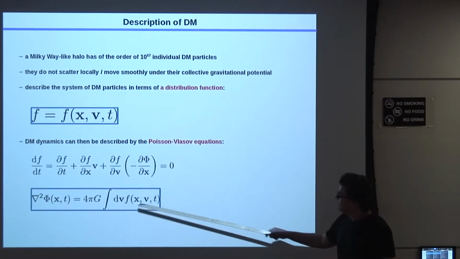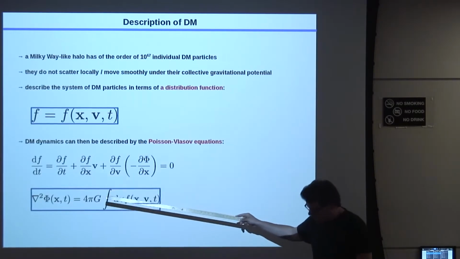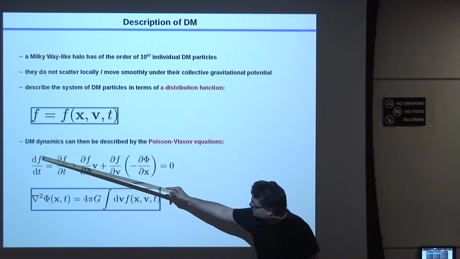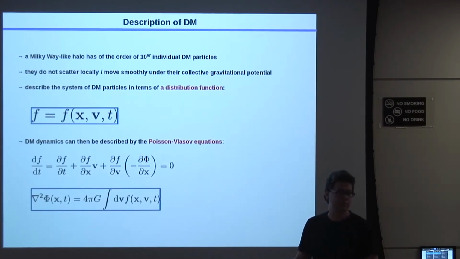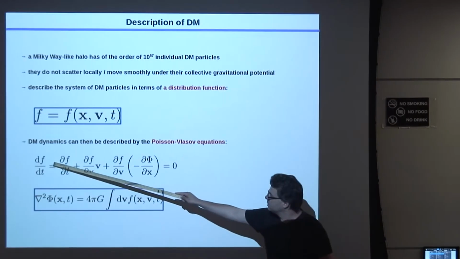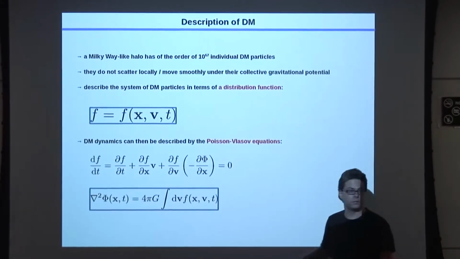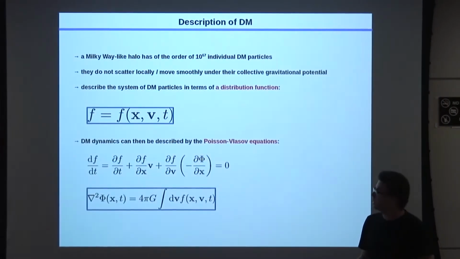This is essentially the equation that the total derivative of the phase space density is just conserved. This is similar to Liouville's theorem, a statement that the phase space density, here this total derivative, doesn't change because of the collisionless character of the system.